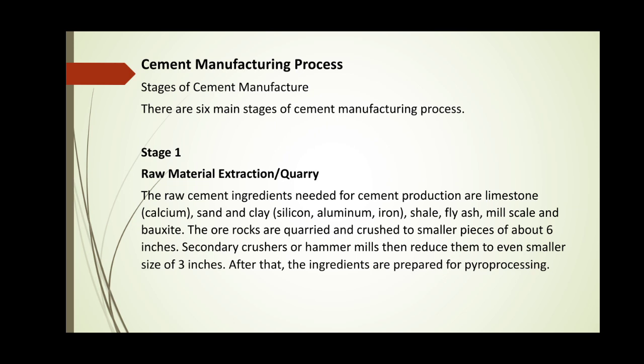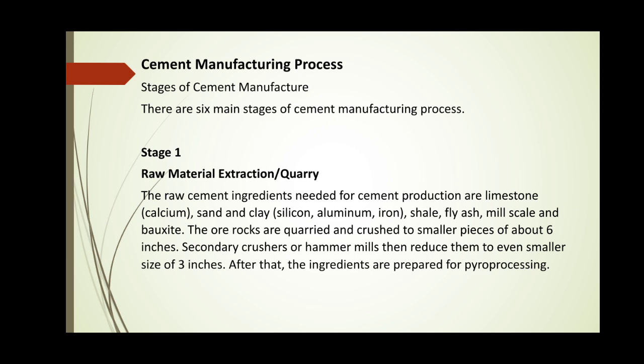the manufacturing process. The first stage is raw material extraction in the quarry. The raw cement ingredients needed for cement production are limestone, that is calcium, sand and clay, that is silicon, aluminium and iron, shale, fly ash, mill scale, and bauxite.